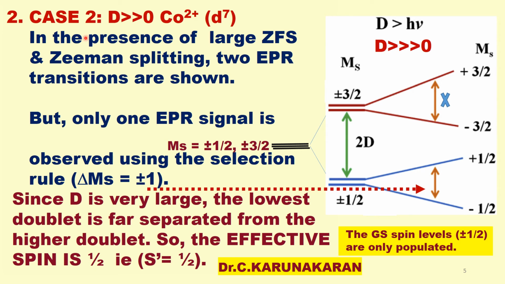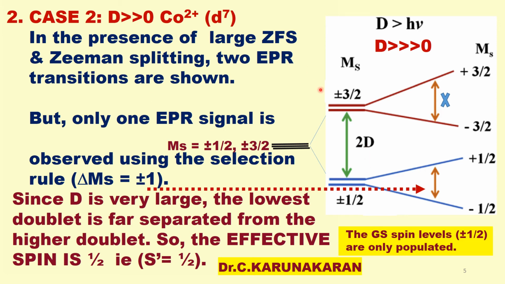The second case is where the zero field splitting D is very much greater than h nu, the microwave frequency, or D is very much greater than 0. It is usually observed in the case of cobalt 2 plus d7 electronic configuration.